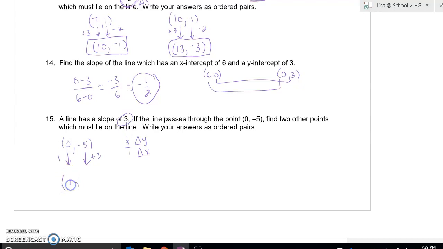My new ordered pair is 1, -2. I need another one, so I'm going to take that ordered pair and make the same slope changes. I'm going to add 1, and I'm going to add 3 to the x and y respectively. So I'll get 2, +1. I'll make that positive.